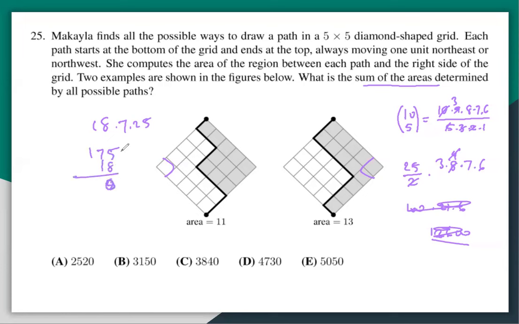So that should be 0, 56, 60, 14, 175, 5, 1, and 3. So 3,150. I think that's choice B. Okay, so I hope there was nothing wrong with the calculation. So it looks reasonable.